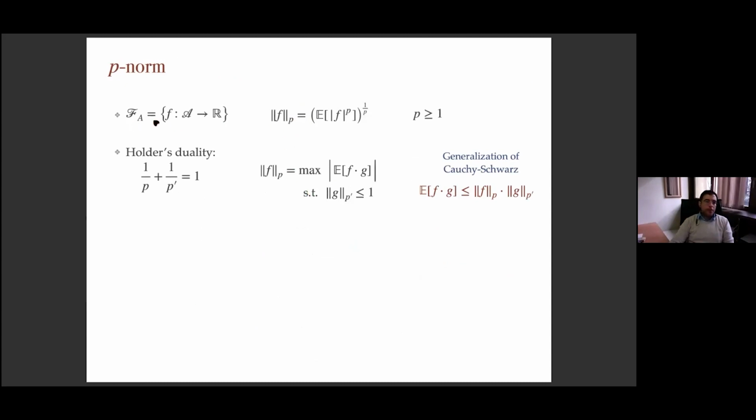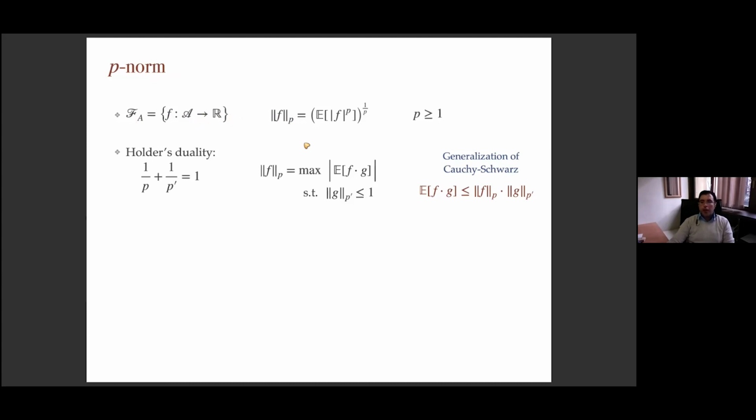this is the space of functions that we just talked about. This is a vector space, and this is an inner product vector space. The inner product is given by this expectation, and this inner product induces a 2 norm. The norm of some function f would be the expectation of f squared to the power of 1/2.